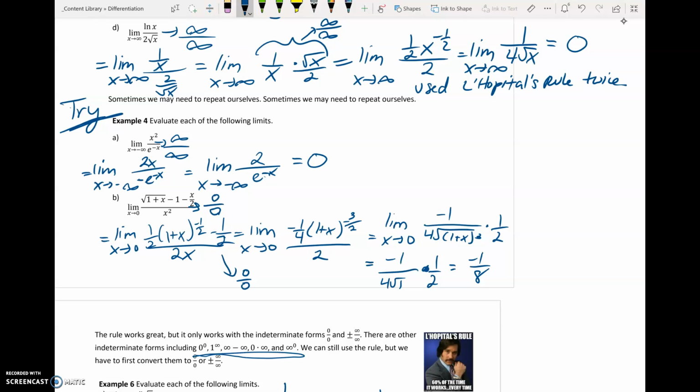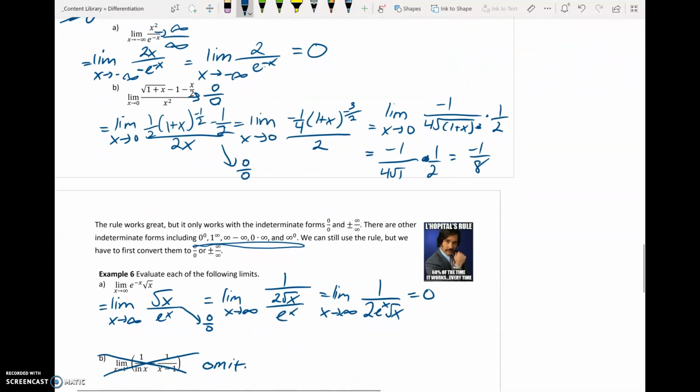If you ever end up taking calculus again in university, they will teach you log differentiation. But for example 6, part A, we're going to use the same principles as before, but we want to change it to a fraction first. So why don't you try this question, try to rearrange your limit so that it's a fraction, and then evaluate the limit as usual.